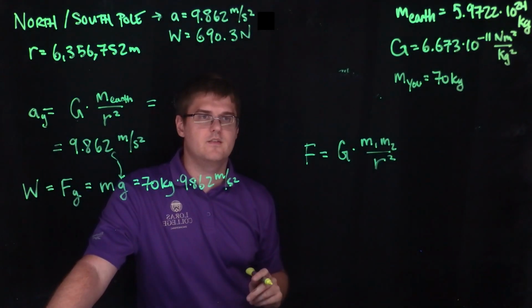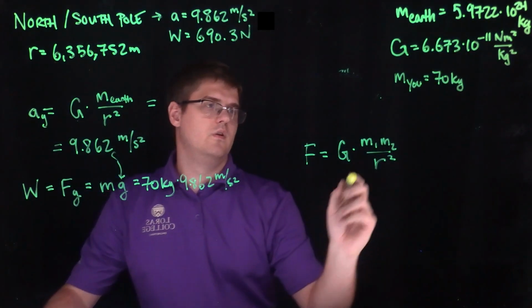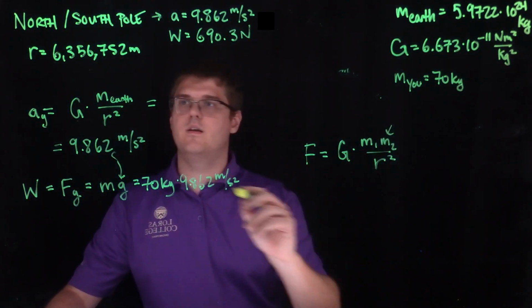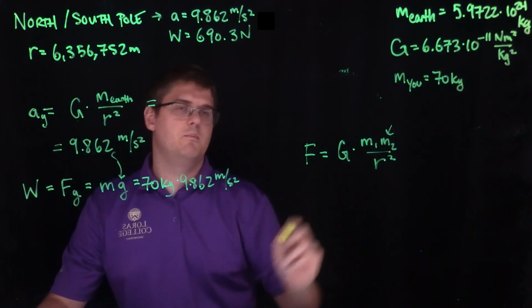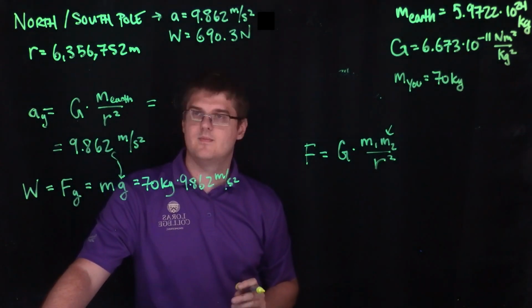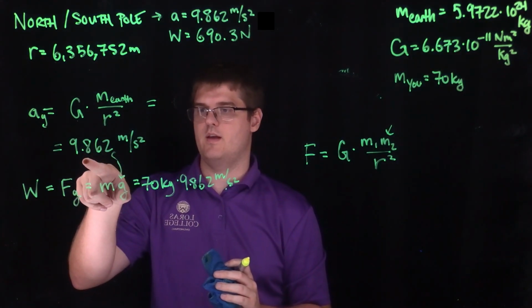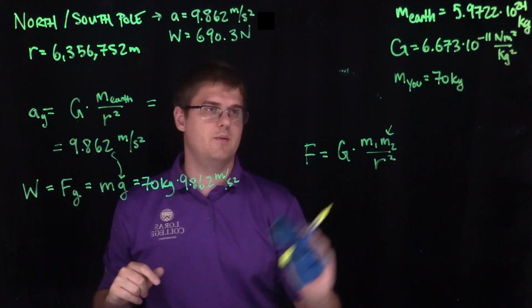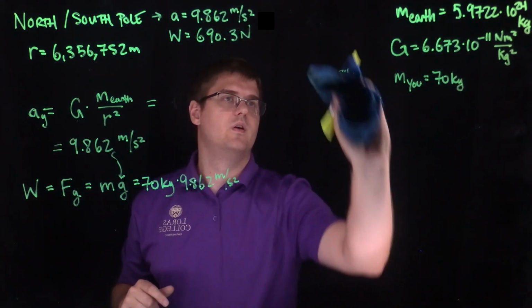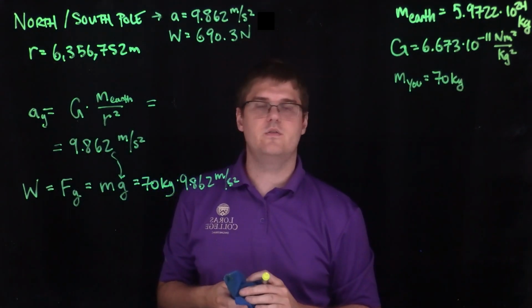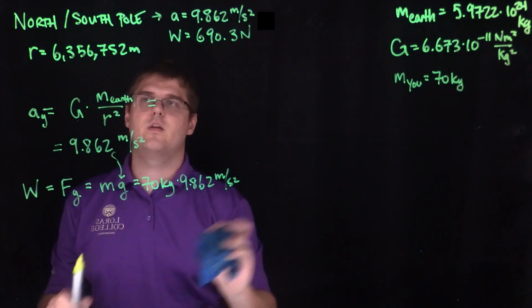That's going to give me exactly the same number, because all I've done is multiply this equation by this second mass. I took the number that came out of this equation and multiplied it by this second mass. So that is North and South Pole.